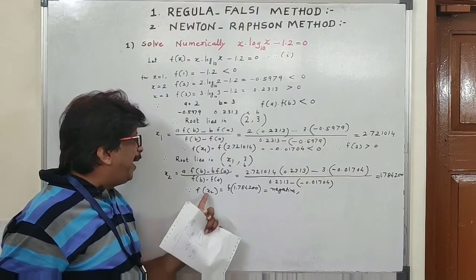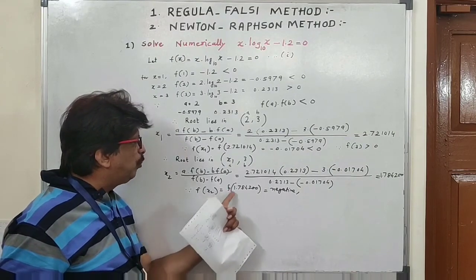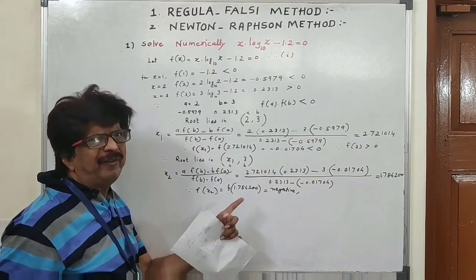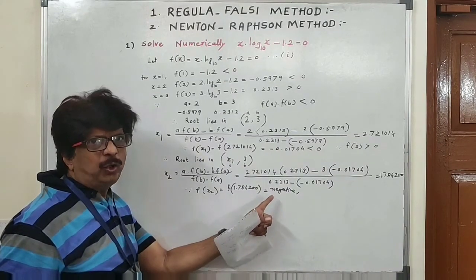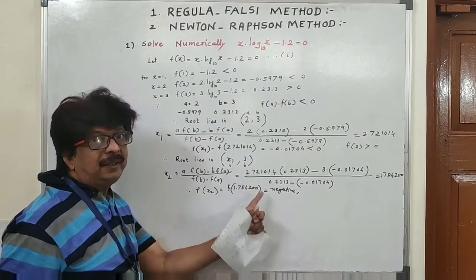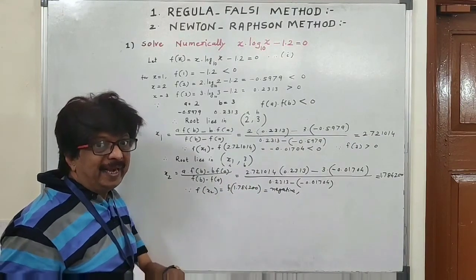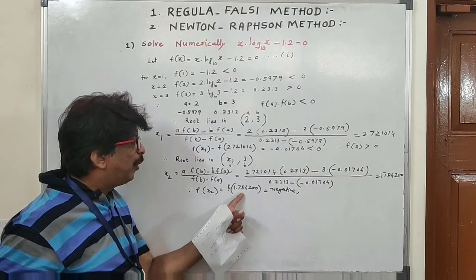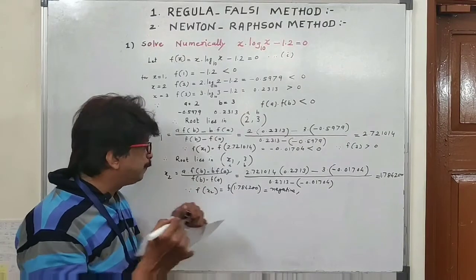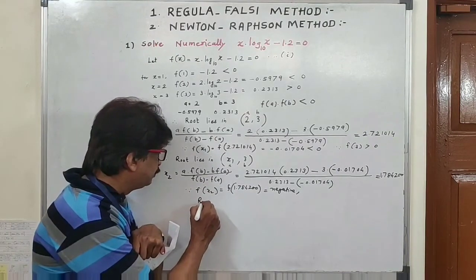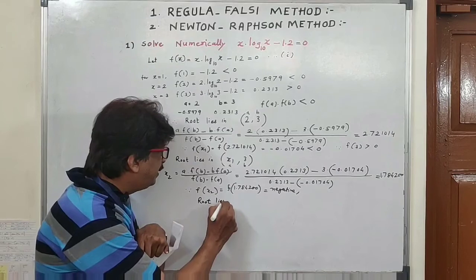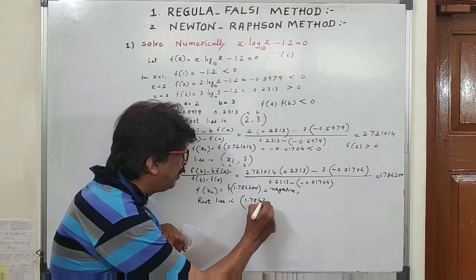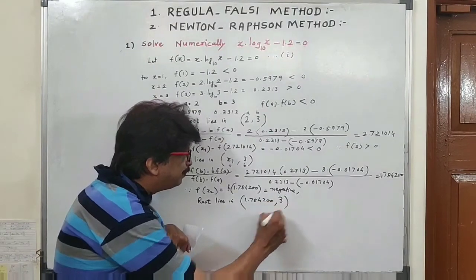So friends, after determining this point x2, which is 1.784200, we check the sign of its f value. Here it is found to be negative. That means the root lies in the interval 1.784200 and 3.